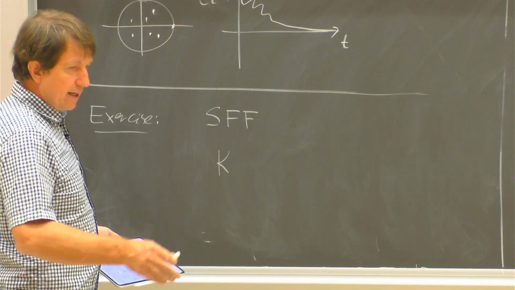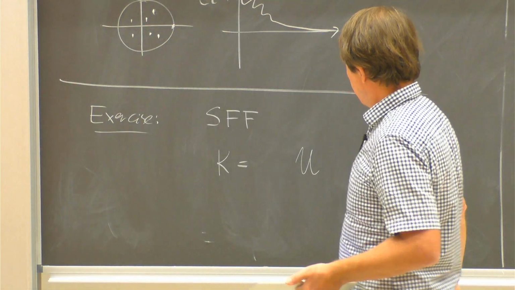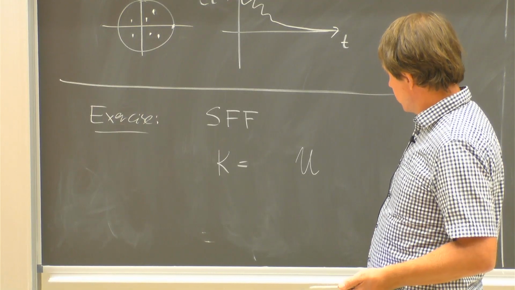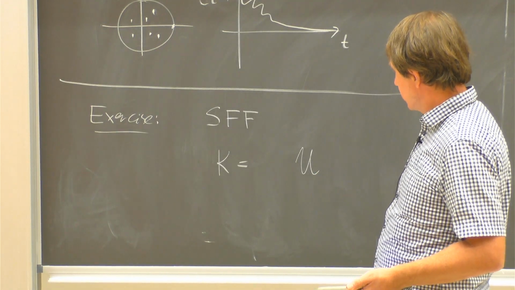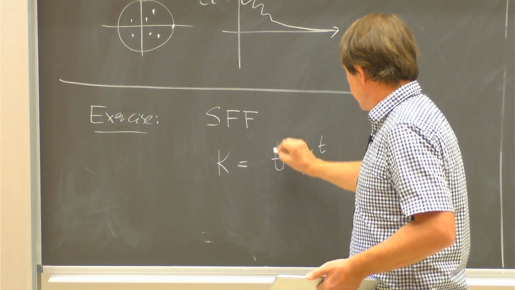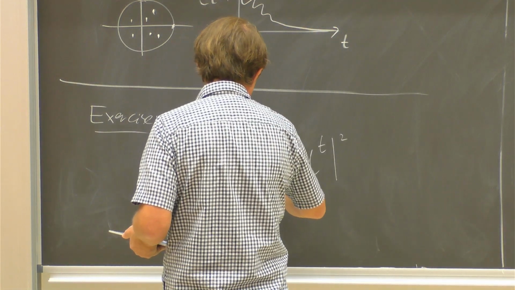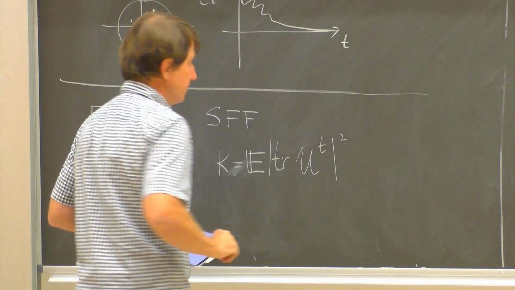Now we don't have a Hamiltonian, but we have unitary dynamics. We have a circuit, with one time step denoted by script U, and then we take the power t, take the trace, and take the modulus square. And then we take an expectation value with respect to some randomness, a little bit of randomness.